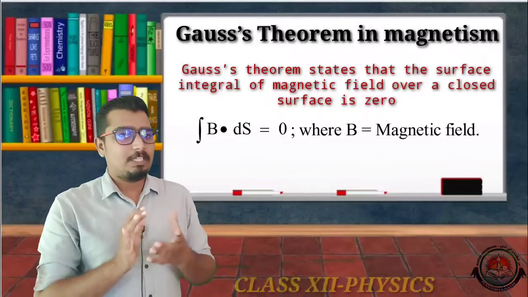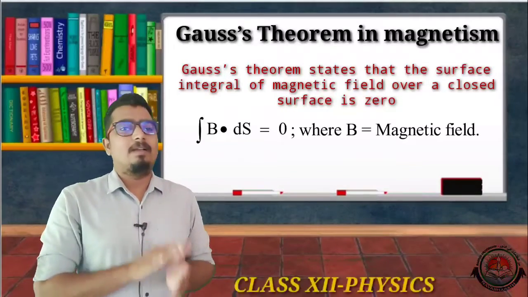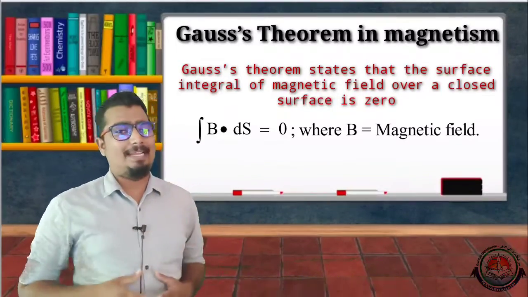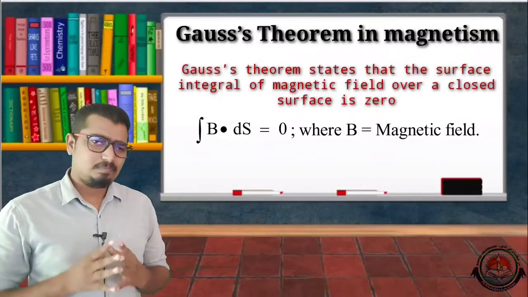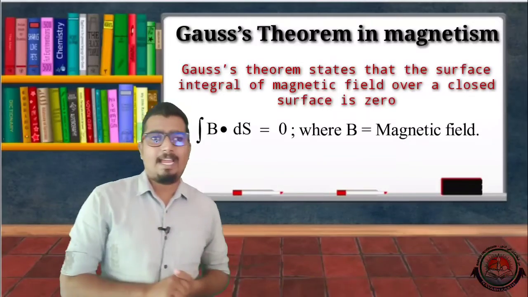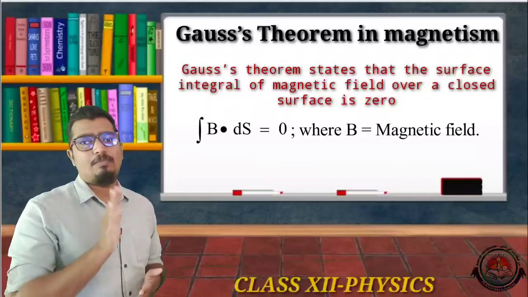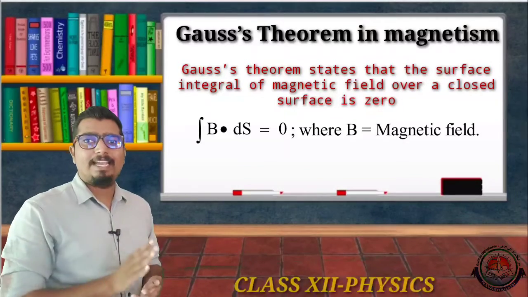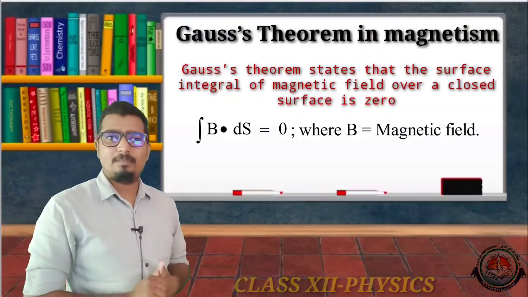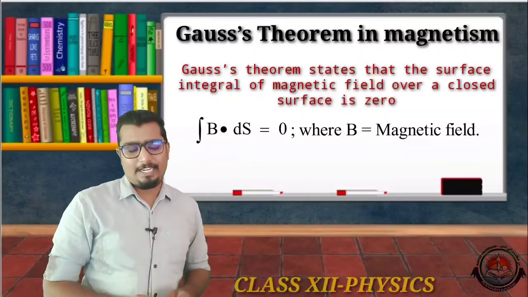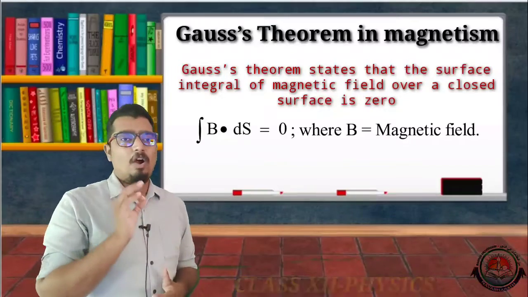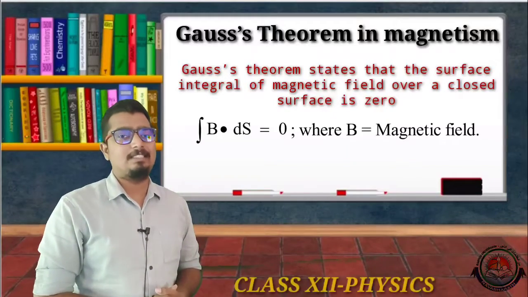Gauss's theorem in electrostatics we already discussed. Here we are going to discuss Gauss's theorem in magnetism. This is a small topic. Gauss's theorem states that the surface integral of the magnetic field over a closed surface is 0.